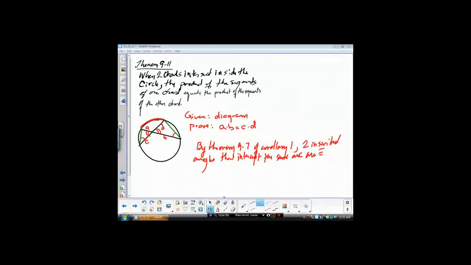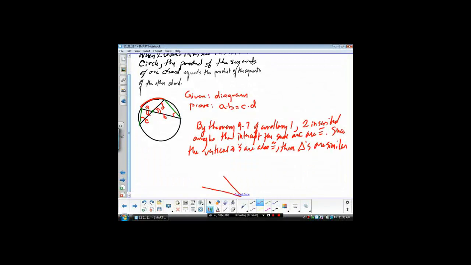Since the vertical angles are also congruent, these triangles are similar, so corresponding sides will be in proportion. So the triangles are similar by angle-angle similarity.